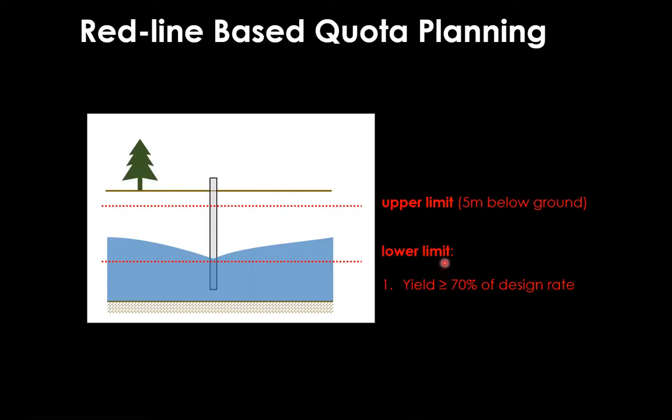Then the lower limit for this red line is a little bit more sophisticated. We have two criteria. The first criterion we consider is the impact of the reduced pump yield due to the groundwater decline. So as you know, with the lower groundwater table, the distance for water to be lifted up by a pump will be larger compared with that under a higher groundwater table, right?